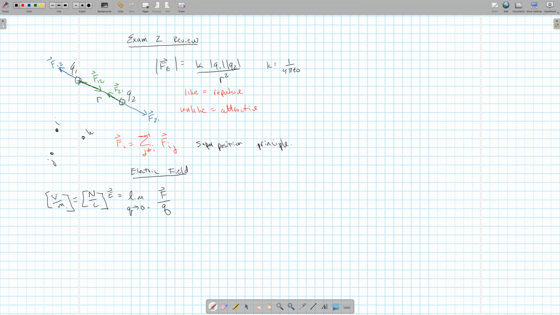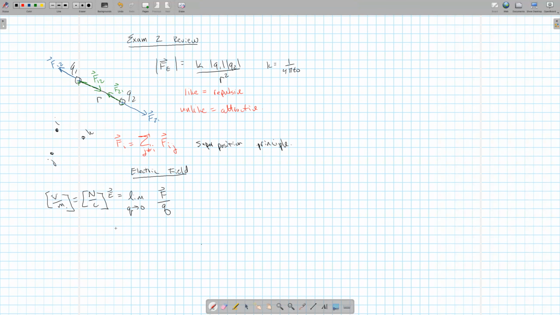But delta Q going to 0 here does not mean that this is a derivative. What it means is that this has to be a test charge small enough that it doesn't change the charge configuration in which it is, so that when we map out how it moves, it's not changing the charge configuration due to too large a force moving the charges around. So this is in general, and this is always going to be true.